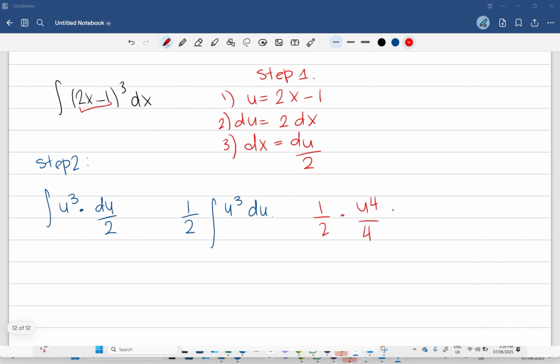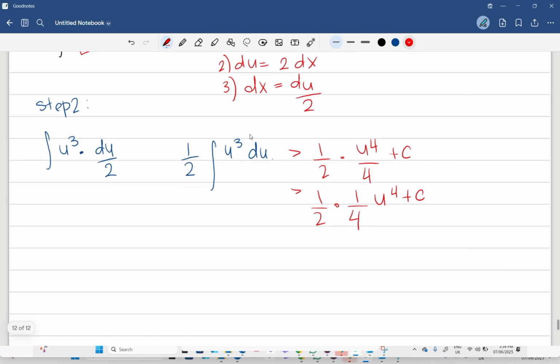Okay, this plus c. Now, let's write it like this so we can see the steps. Half multiplied by u to the power of 4 over 4 is the same thing as 1 over 4 u to the power of 4 plus c. Now if I multiply 1 over 2 by 1 over 4, I get 1 over 8 u to the power of 4 plus c. Now I found my answer.